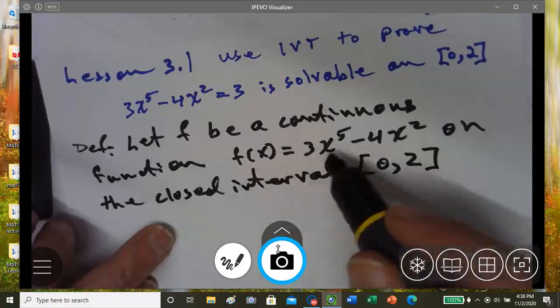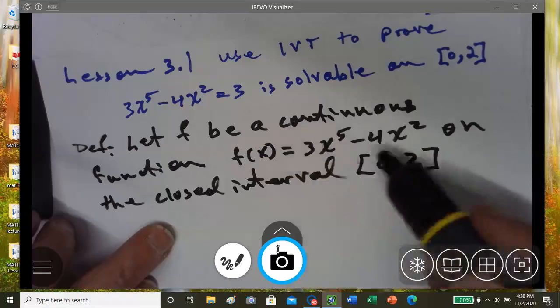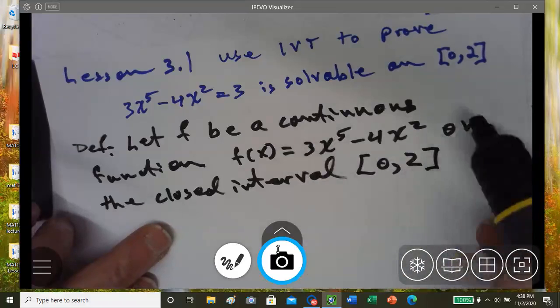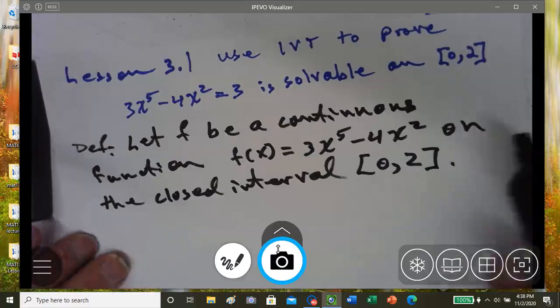So we've just defined our function, established that it's continuous, and we established our interval, which is given.